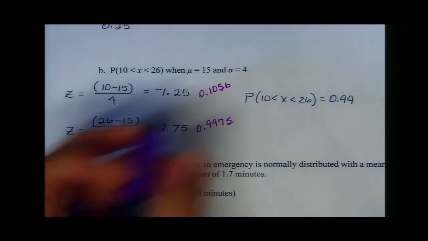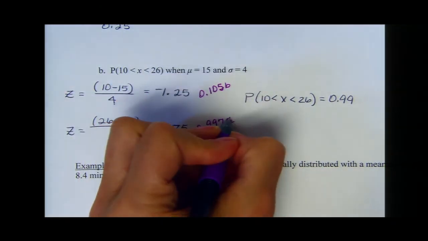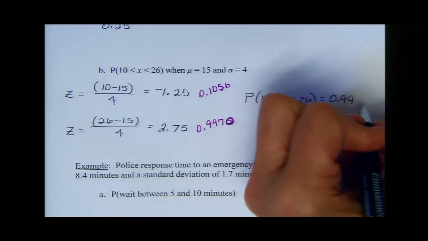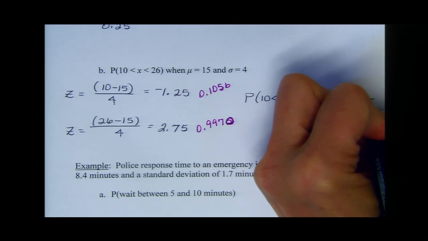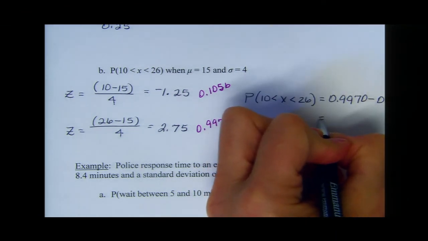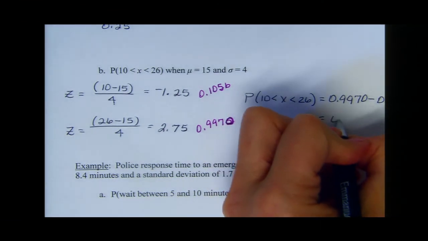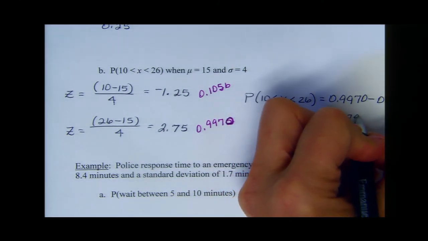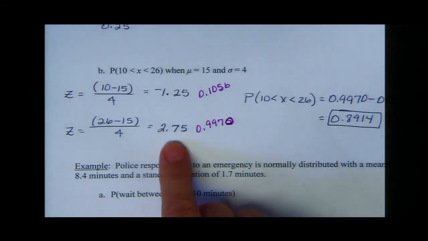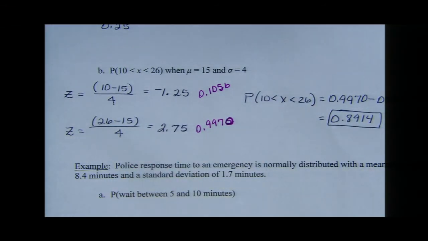I must have been looking at the wrong one, or I said the wrong thing. 0.9970 minus 0.1056, and when we do that subtraction, you get 0.8914. I'm going to triple check this at 2.75. Yep, it's 0.9970.